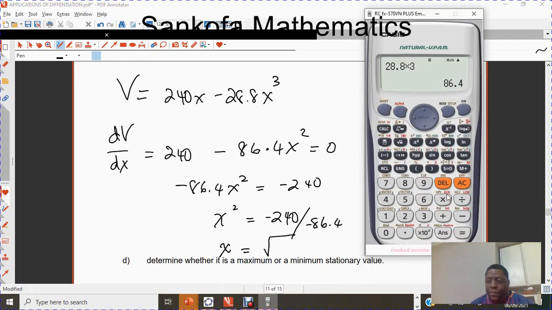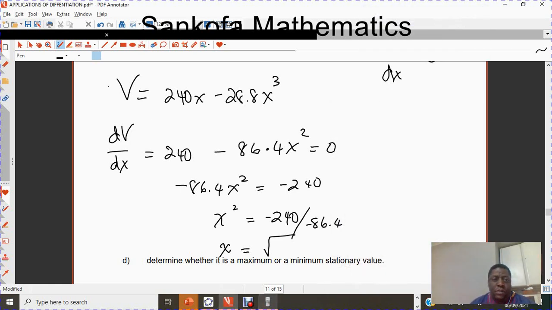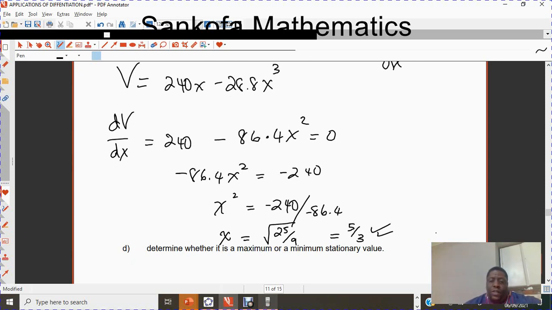So 240 divided by 86.4 is 25 over 9, and the square root of 25 over 9 is nothing but 5 over 3. So now we have the value of x. The value of x is 5 over 3.